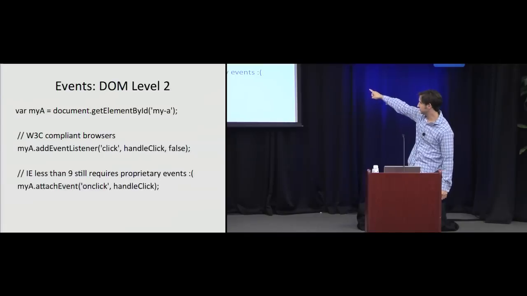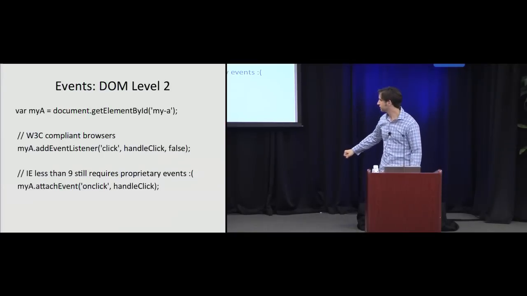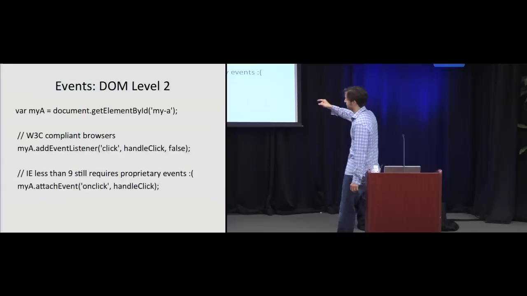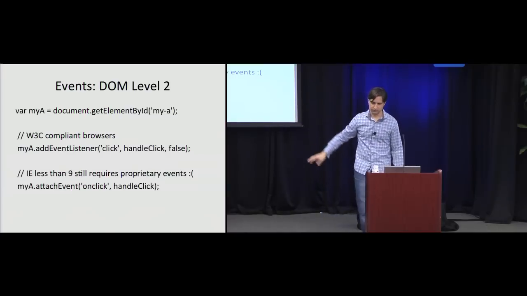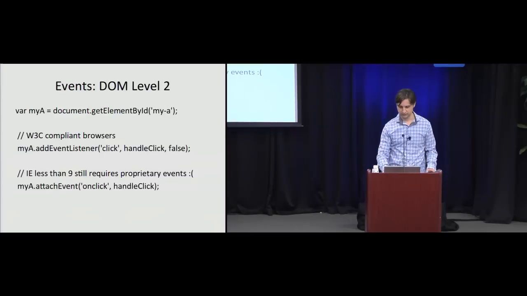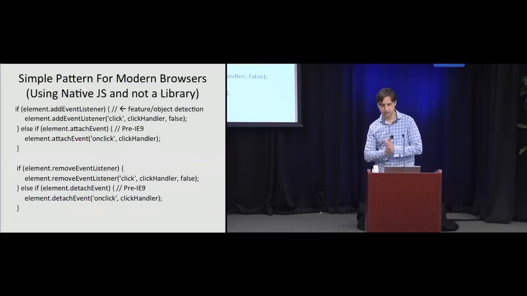We'll talk about what that third parameter is in an example. But there is a difference between these two. For the most part, at this point you don't have to worry about the IE model, because in IE 9 they started doing it differently.